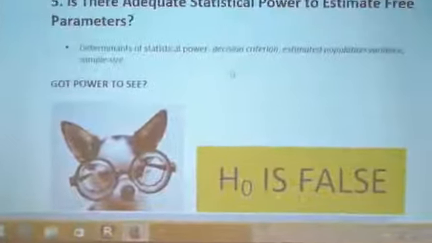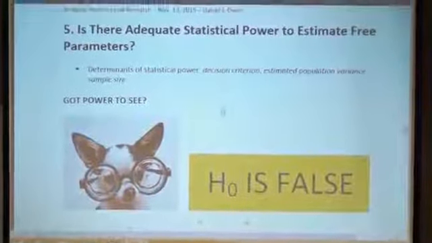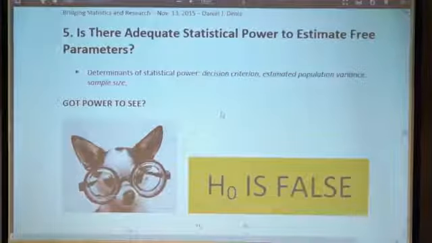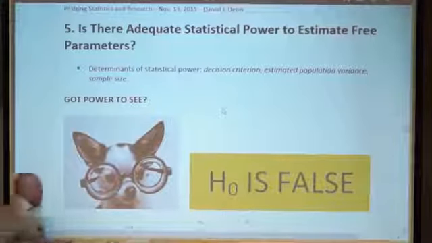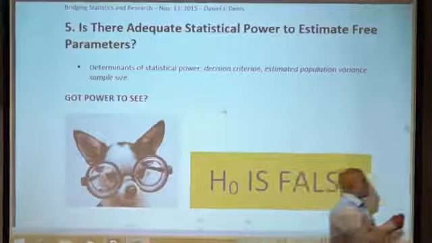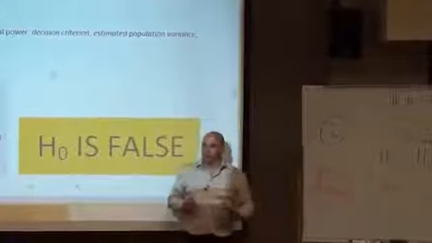Is there adequate statistical power to estimate free parameters? A few notes on power here. Power is sometimes a little bit misunderstood because we'll see a result of p less than 0.05, but then sometimes we'll wonder, did they have sufficient power to reject that null hypothesis?